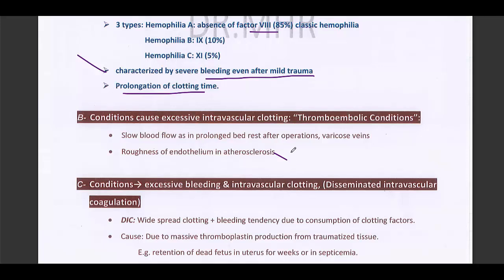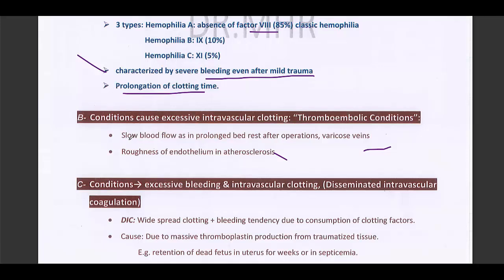As we said before, the platelets are activated if the surface of the endothelium isn't smooth. They are activated and make a thrombus. So the structure is very important.